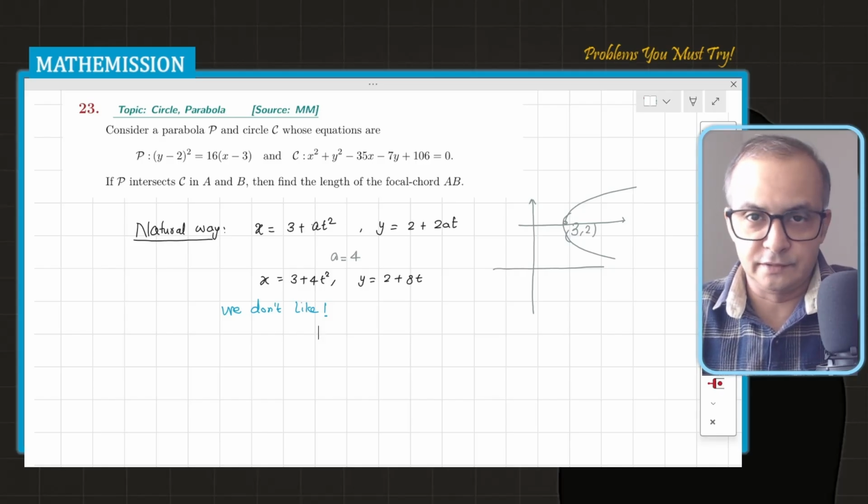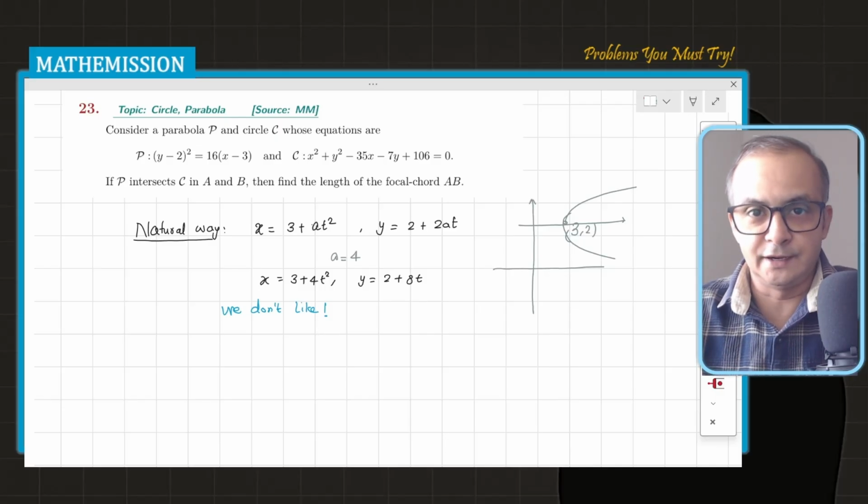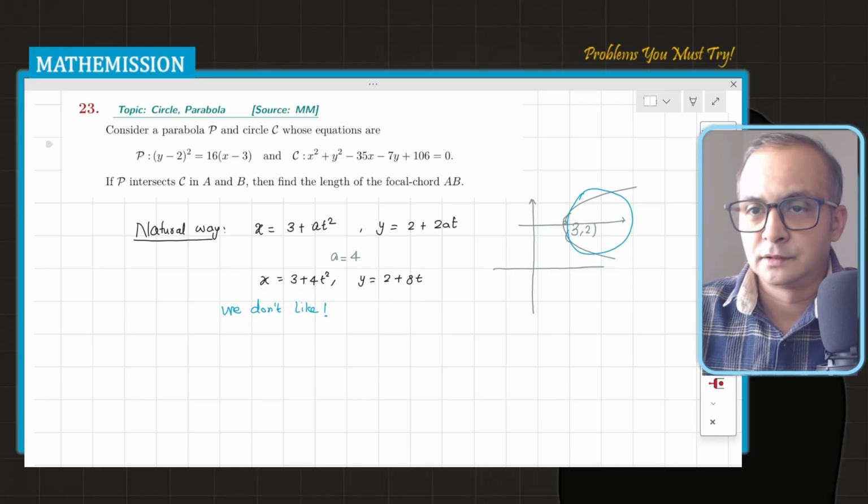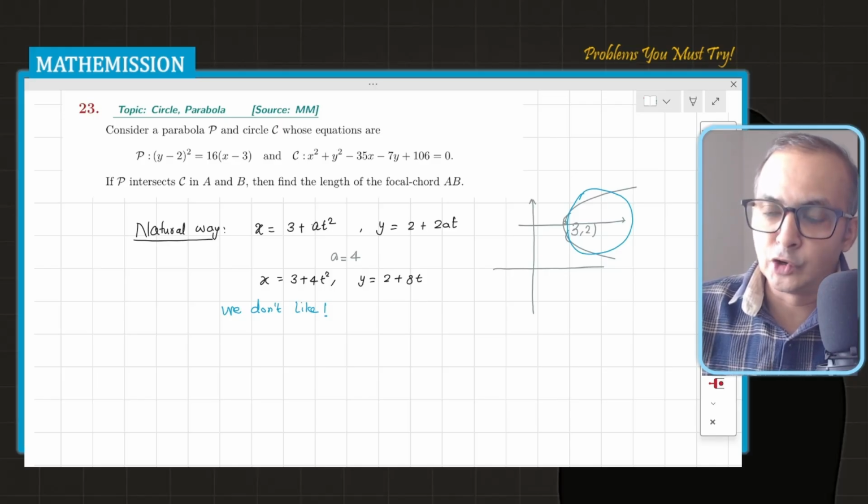In this process, the circle is also going to shift together with the parabola correspondingly. It means we are shifting the entire intersection of the parabola and the circle, and this will not change the required answer.